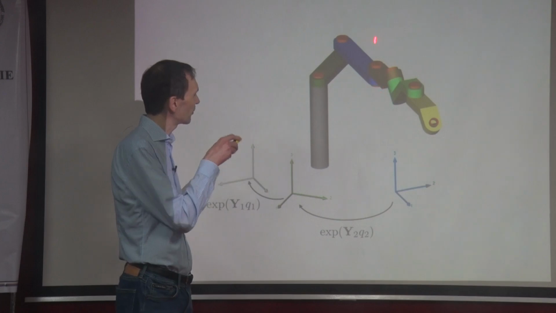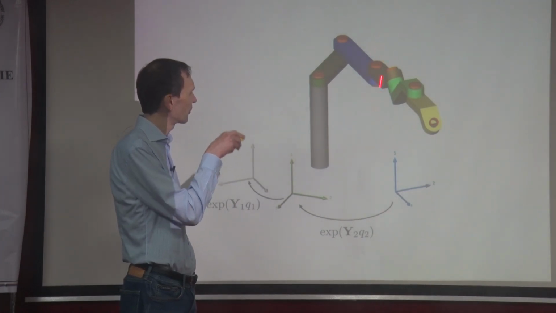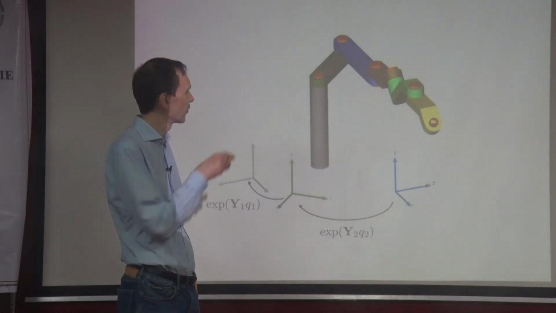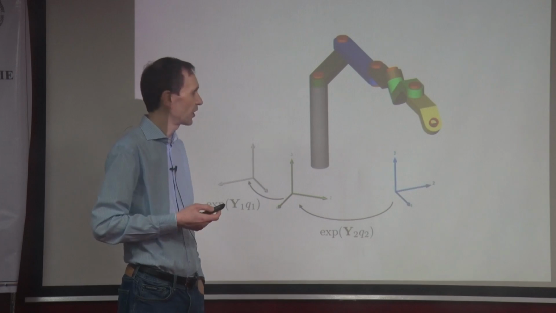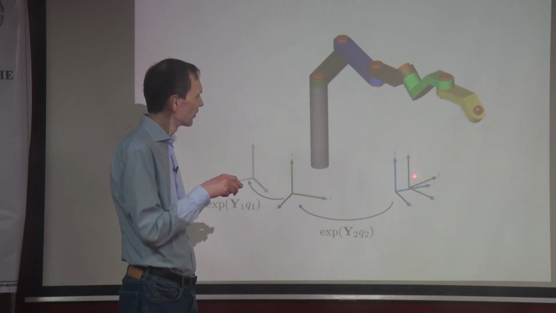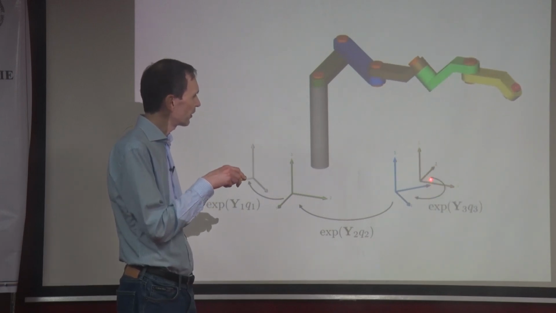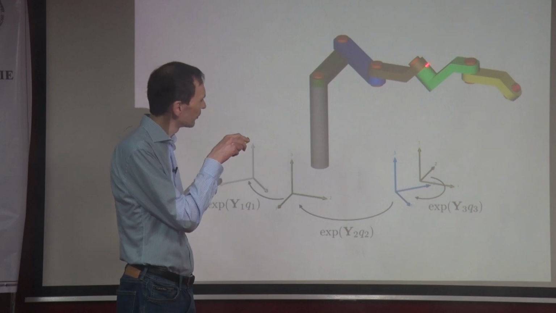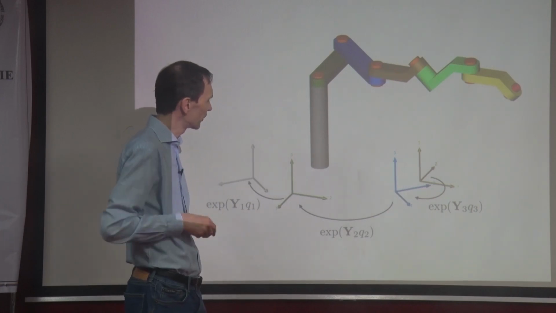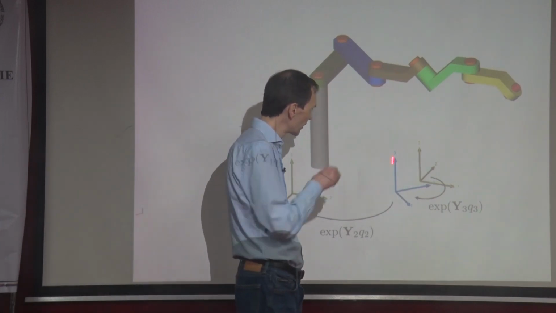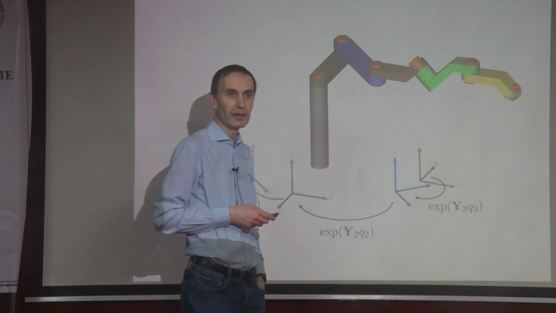Okay, now the question is what happens to the whole system if the third joint is moving? And then I guess the answer is clear, because it's the motion of a copy attached to the brown link, the third one, relative to where it started from, right?